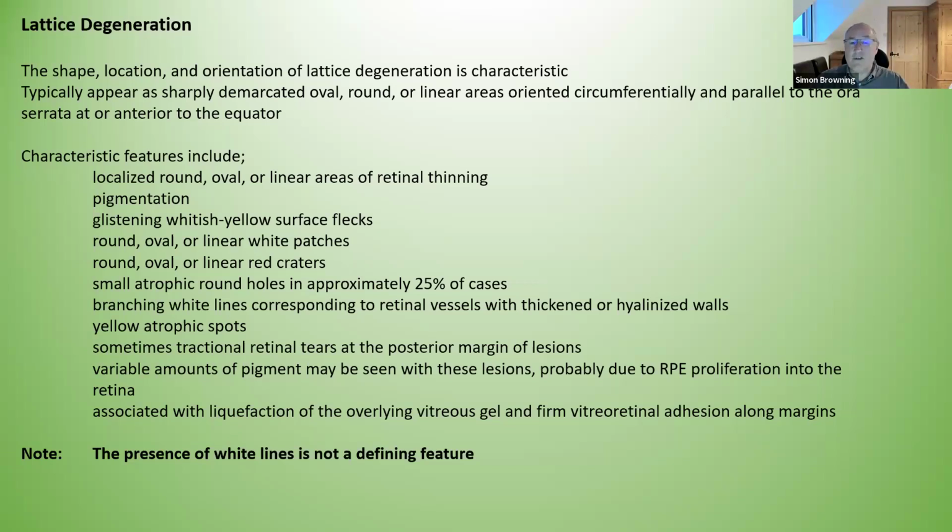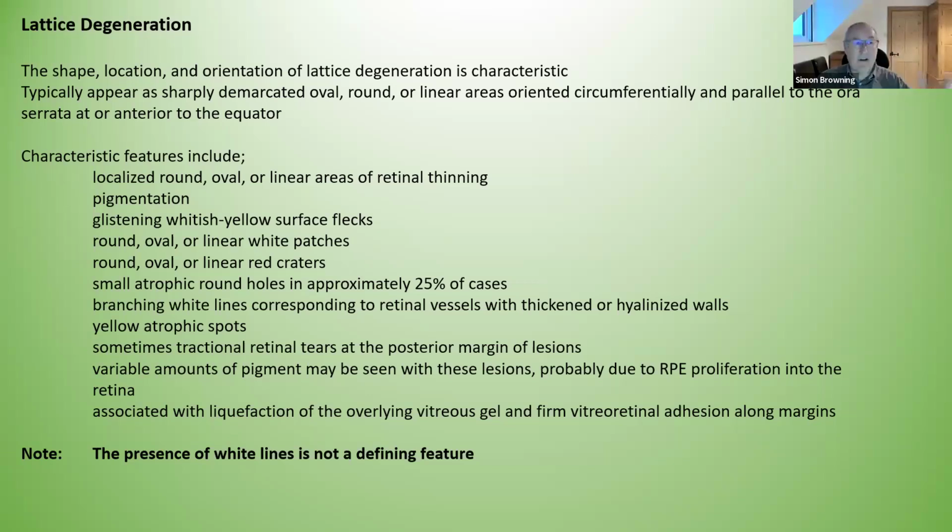Sometimes you'll see little tractional tears at the posterior margin of the lesion, and varying amounts of pigment. The important thing I want to put here: we always talk about lattice degeneration having white lines across it, but white lines do not have to be present for it to be lattice degeneration. Just because the crisscrossing white lines may be absent doesn't mean it's not lattice.